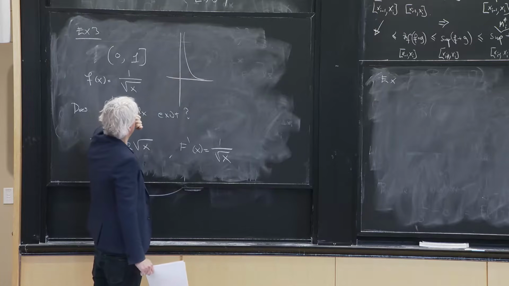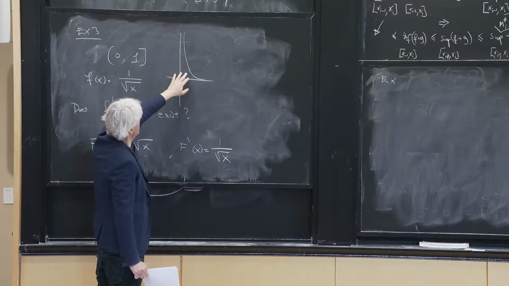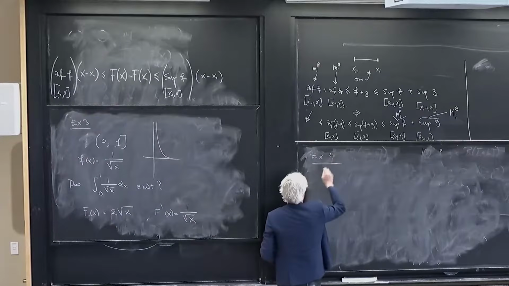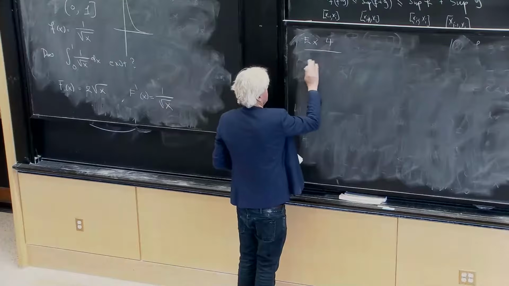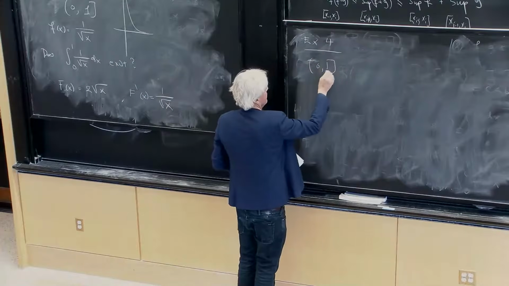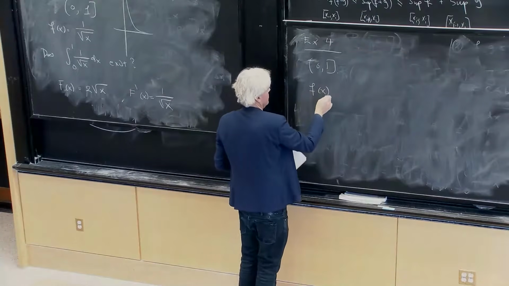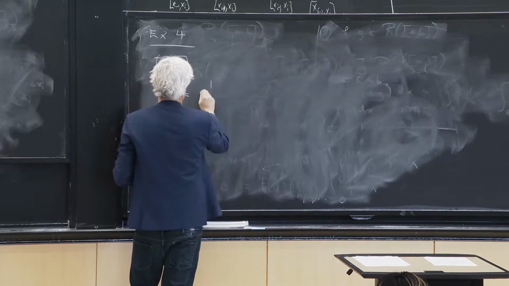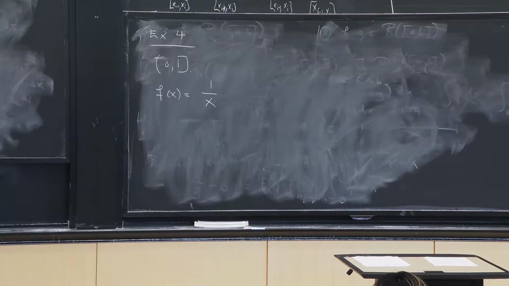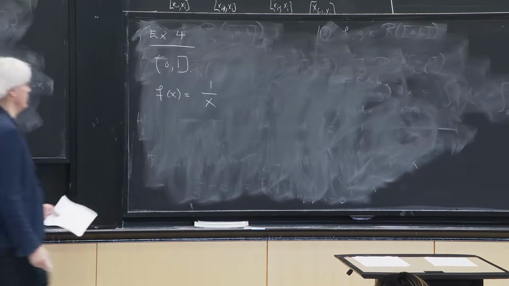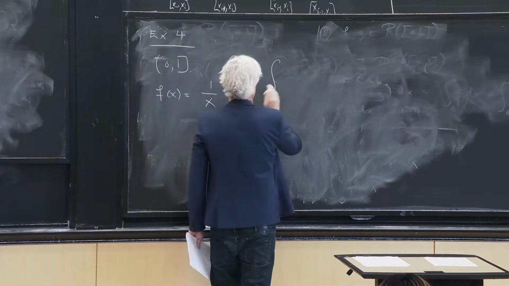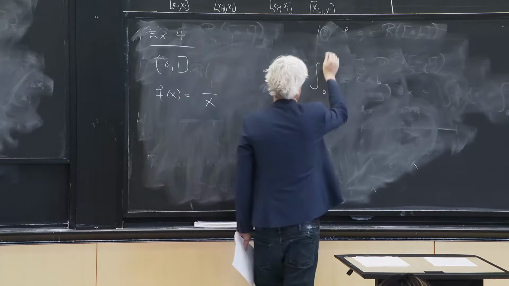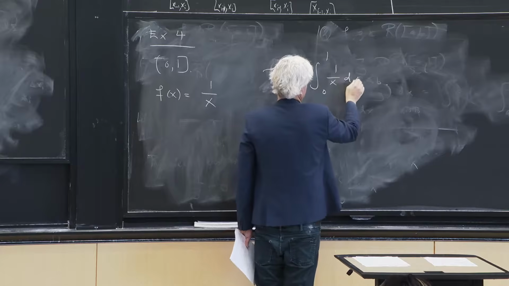But what if the function is blowing up faster than this? So take again the interval from 0 to 1, and the function going to infinity faster as x goes to 0. So this is the function. And again we ask, does this improper integral exist?